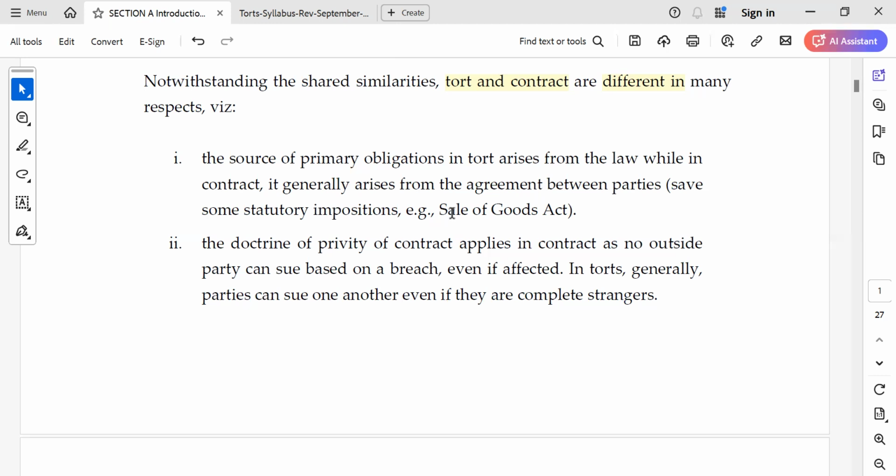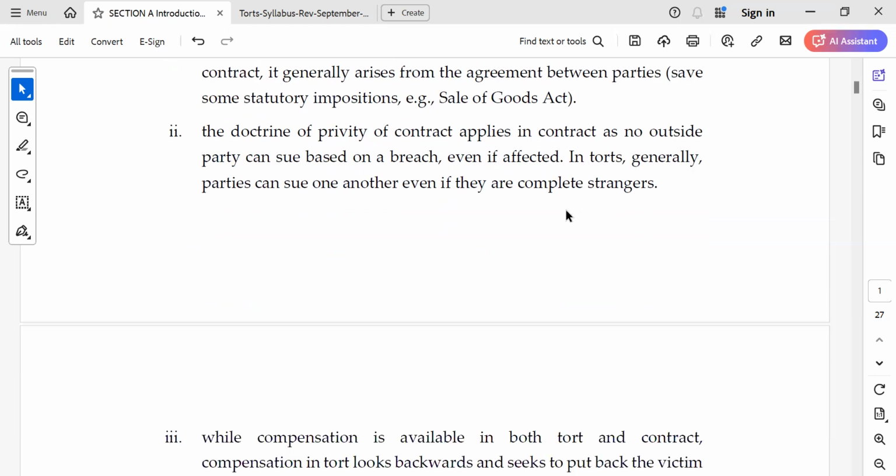But other than that, when you are supposed to pay me that amount, when you are supposed to do certain acts, when I'm supposed to deliver my goods or service, that is decided by whom? Decided by the parties. So the primary obligations come from law in tort, and in contract it comes from agreement between the parties.